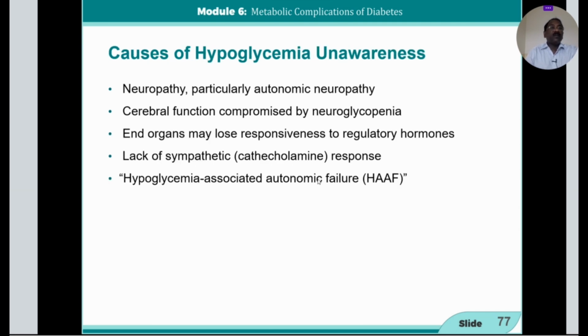Causes are neuropathy, especially autonomic neuropathy, cerebral function compromised by neuroglycopenia, end organs may lose responsiveness to the regulatory hormones, and lack of sympathetic response, that is hypoglycemia-associated autonomic failure.